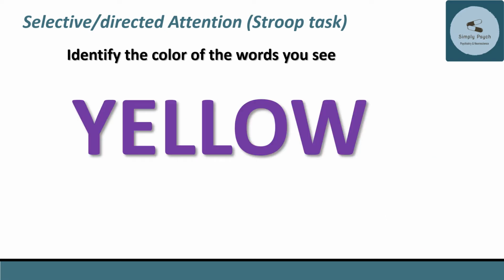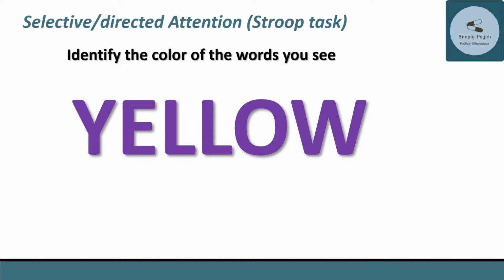So for a second, when you see this, you see yellow, and the first thing you do is you want to say yellow, but then you stop yourself and you're like, oh, wait a minute, that's purple. And so this discrepancy between the actual color of the word and the word itself requires more neural resources, if you will, to be able to identify correctly what the color is.